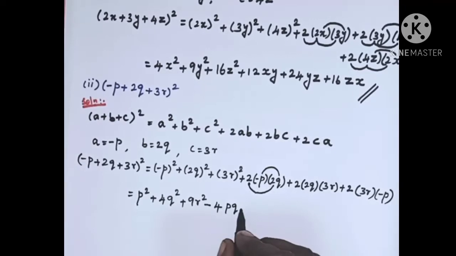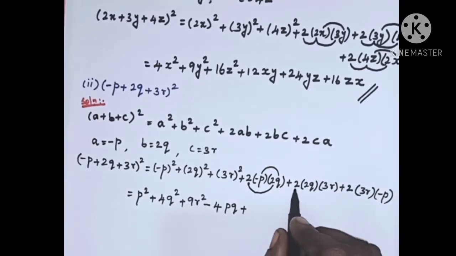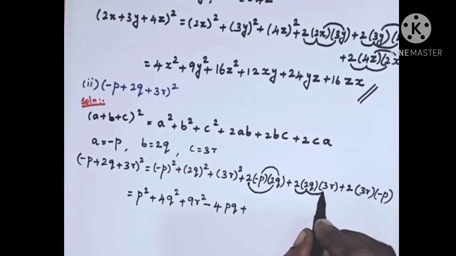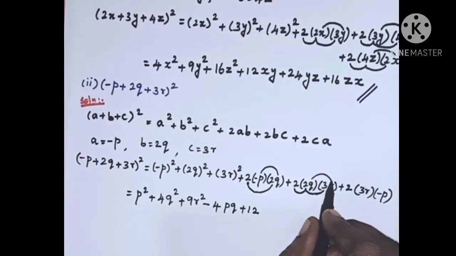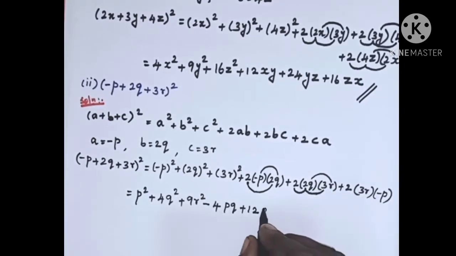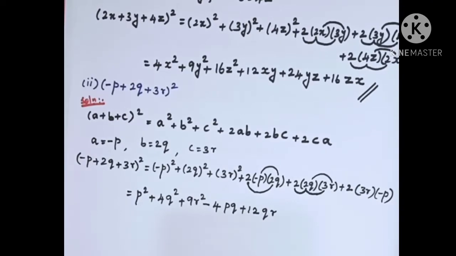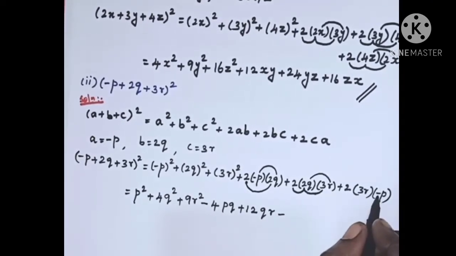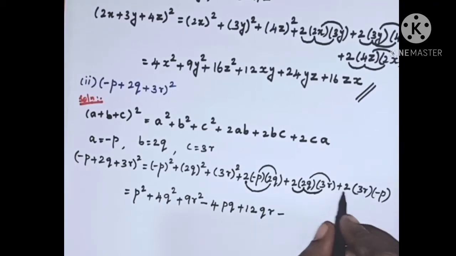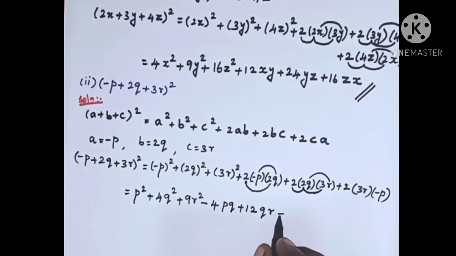Then the next term: in this term we have to multiply the numbers first. 2 2s are 4, 4 3s are 12. So 12, and multiplying the variables, q into r is nothing but qr. Now the next term has one negative symbol here. So plus into minus, again we have minus here.